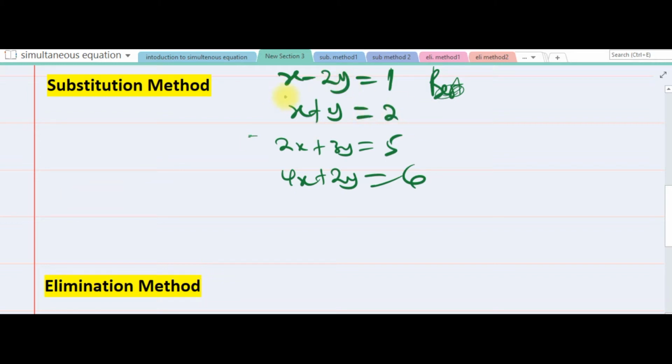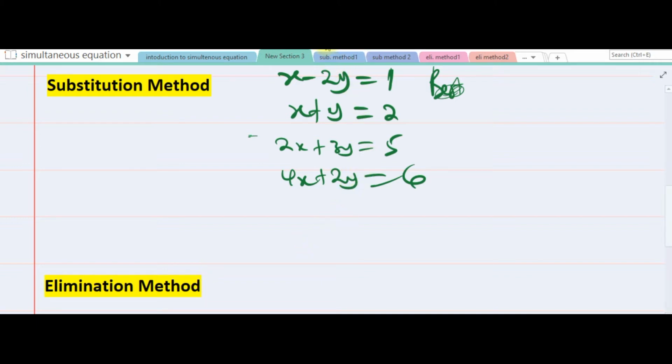Since in each equation there is a coefficient of 1, choose any one and make it the subject of the formula, either x or y, and then substitute into the other equation. That's how we solve by substitution.